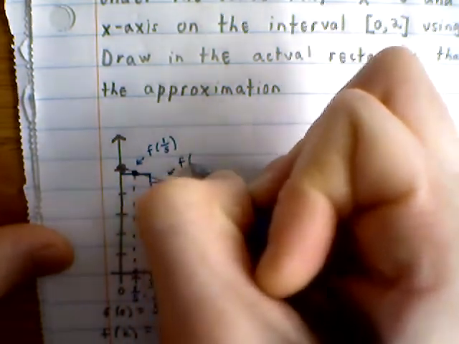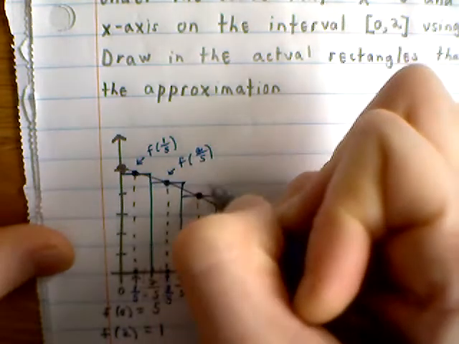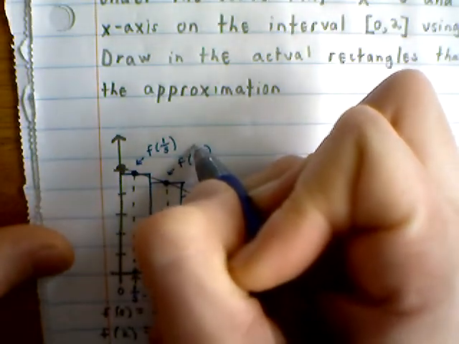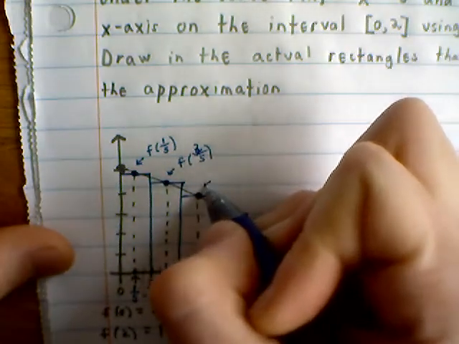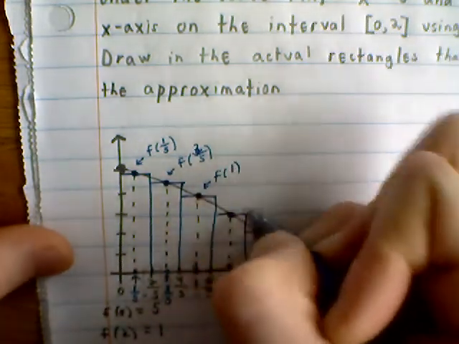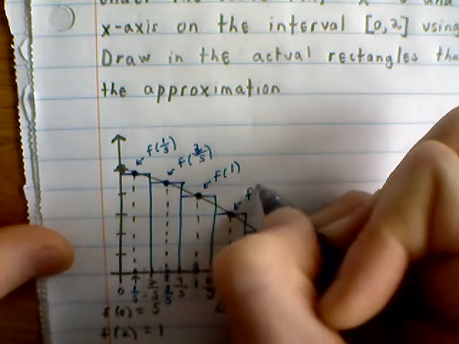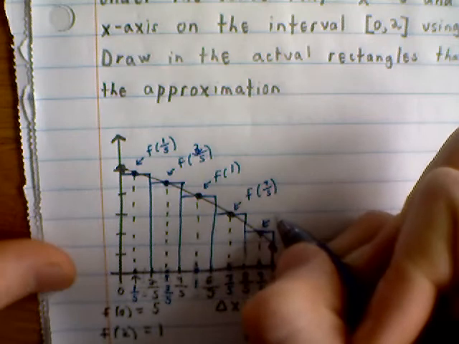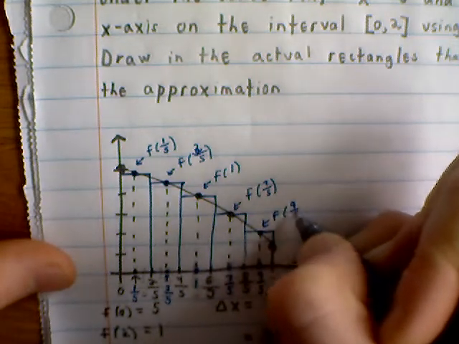Here we have f of 2 fifths. That should be 3 fifths. Apologize. Here I have f of 1. Here I have f of 7 fifths. And here I have f of 9 fifths.